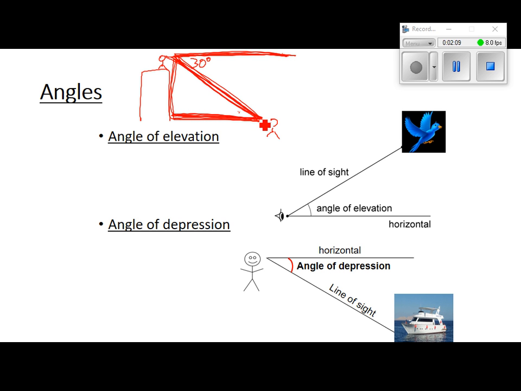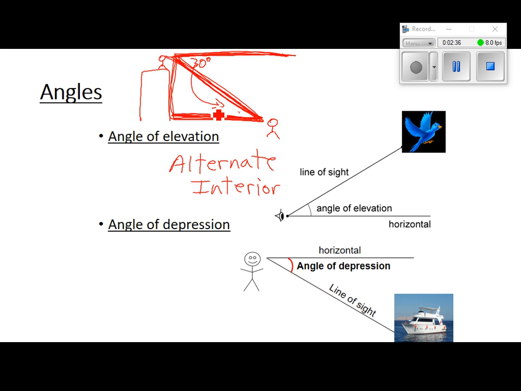A Z, which are alternate interior angles. Alternate interior angles. So even though that angle's not in the triangle that we're dealing with, we can just move it right to there. Alright, so that's going to work every time with angle of elevation, angle of depression.